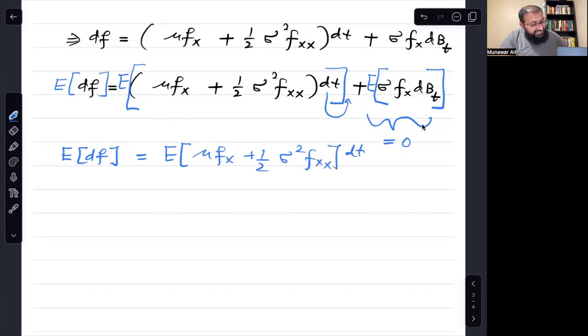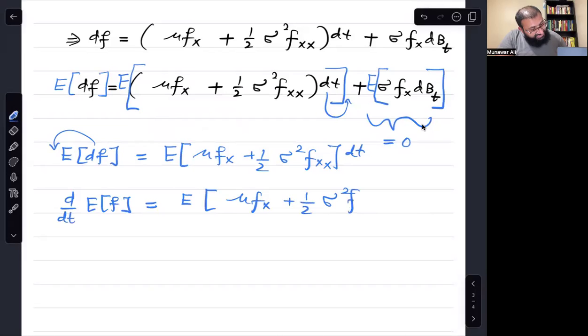Now I'm taking this dt on the left-hand side, so I'll take this d out as well. So this will be d over dt of the expectation of f is the expectation of mu fx plus 1/2 sigma square fxx.